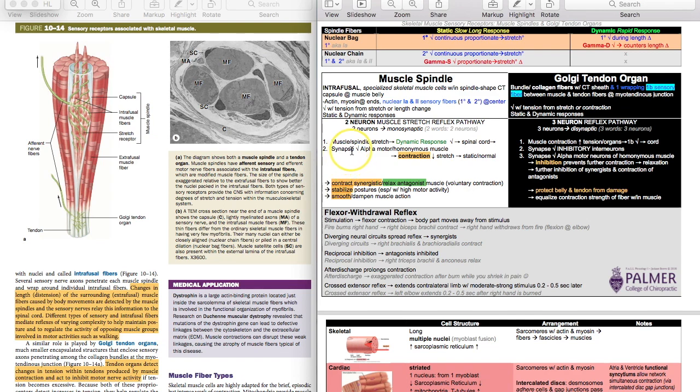In the spinal cord, it'll synapse with an alpha motor neuron. Okay, an alpha motor neuron of the homonymous muscle, that same muscle, and then that is going to cause a contraction, which will decrease the stretch to a normal or static position of this spindle.